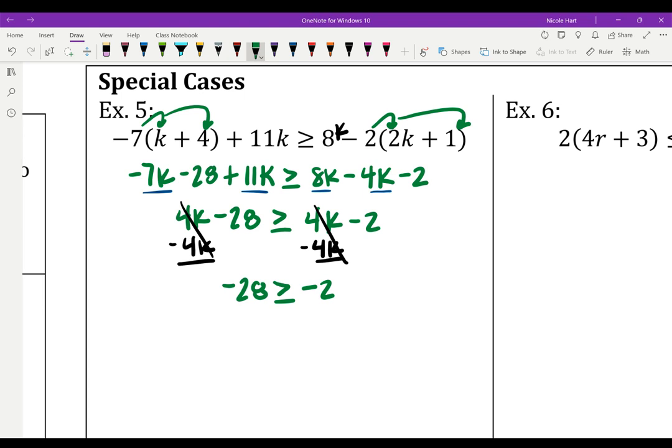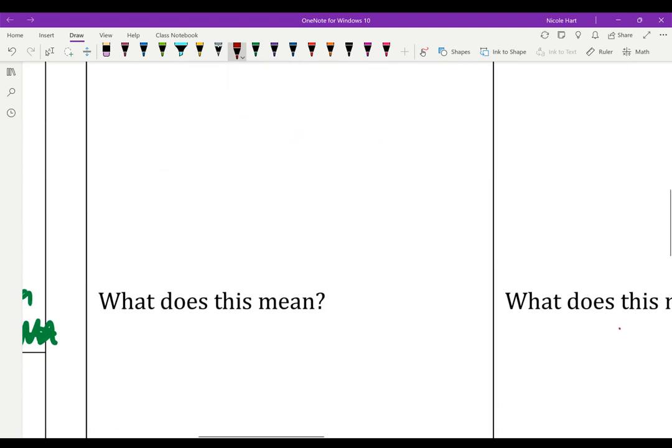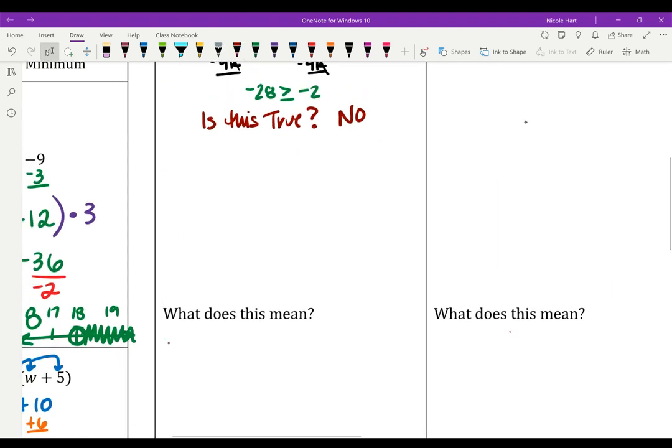Can negative 28 be greater than or equal to negative 2? No. So if it's not true, there's no real solutions. No real solutions is your answer.